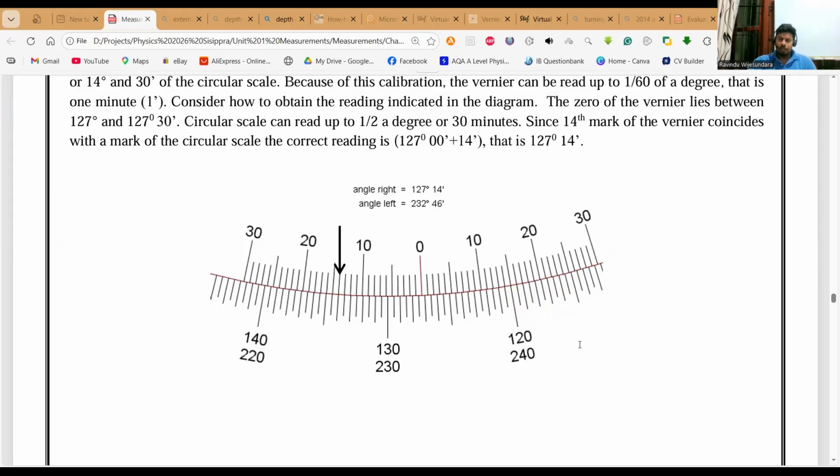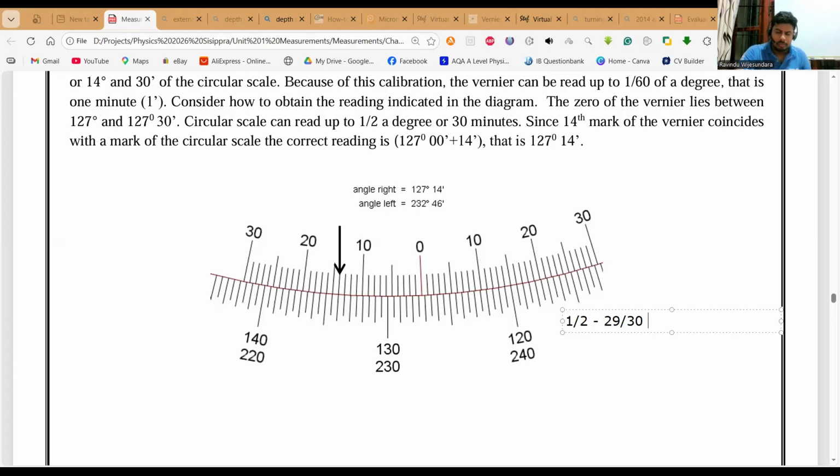So when you are finding the least count, you have to reduce not from 1 degree, not from 2 degrees, but from half a degree. So it is half a degree minus 29 divided by 30.